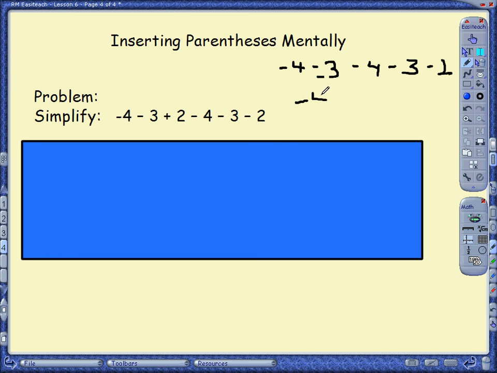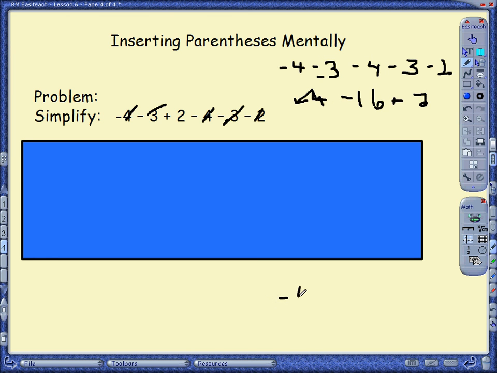So by adding up all of the numbers that I have that are negative, I get this result. Now, I'm going to cross all those negatives out, and I have one positive 2 left. Remember that the sign always goes with the number that comes after it. I have negative 16 plus 2 then.